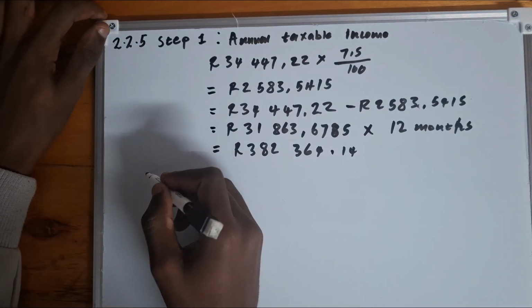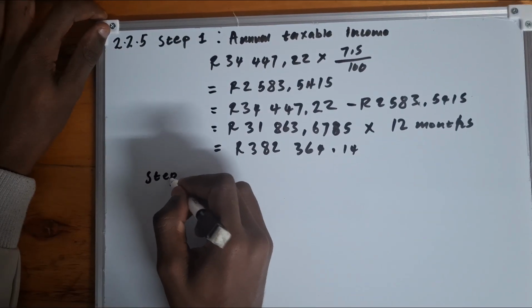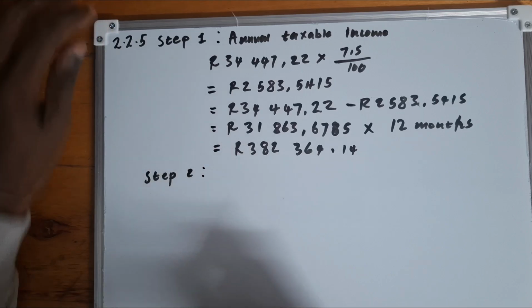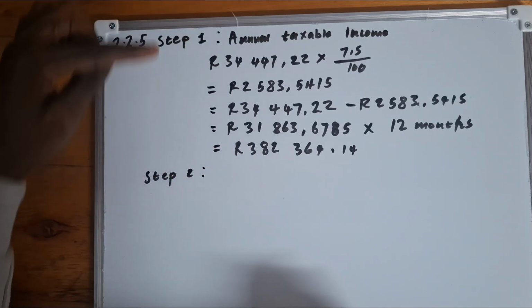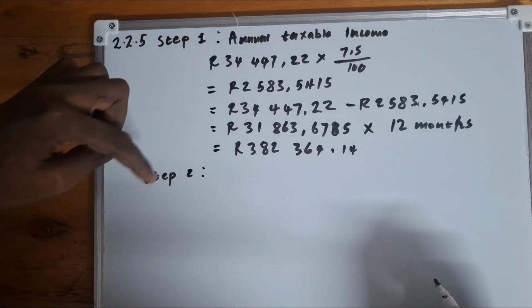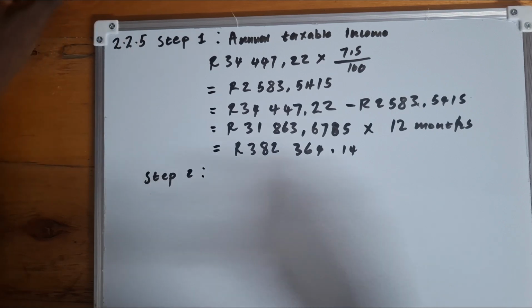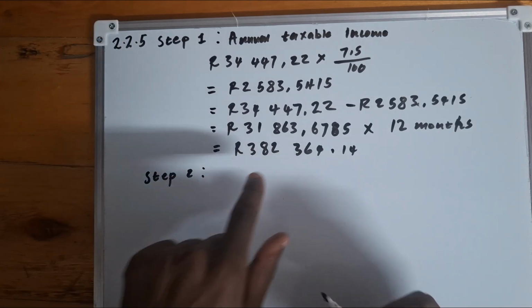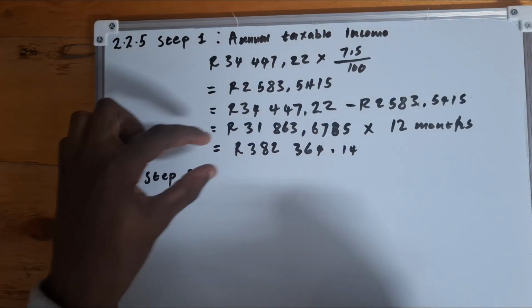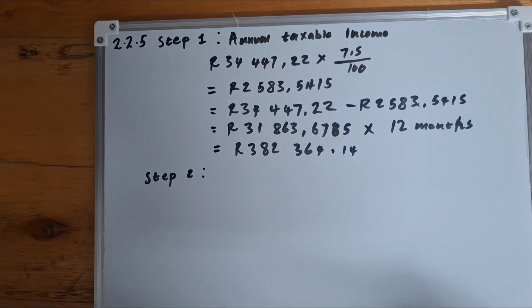So then we move to our step 2. By the way, you are allowed to write these steps in your examination paper or answer sheet. Step 2, we are going to use this annual taxable income to identify our tax bracket.